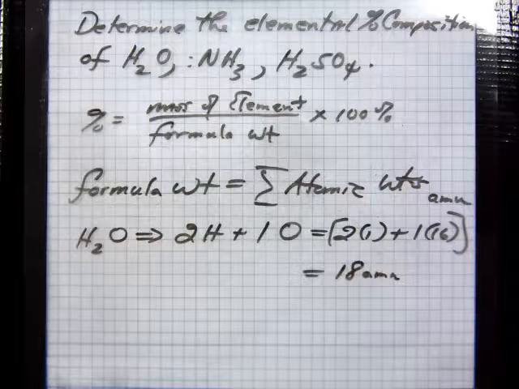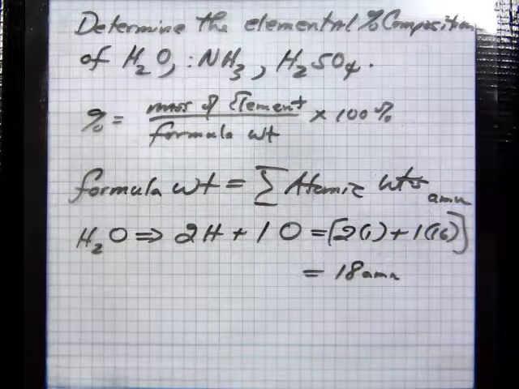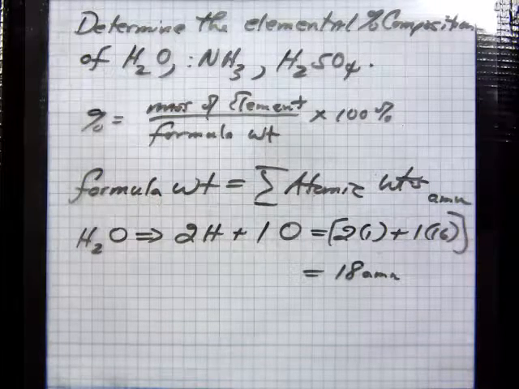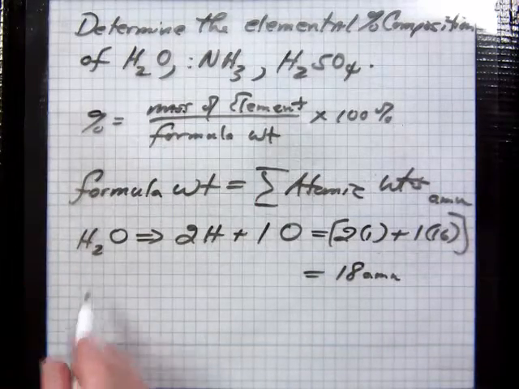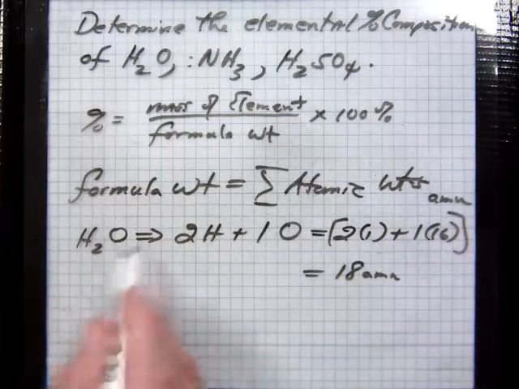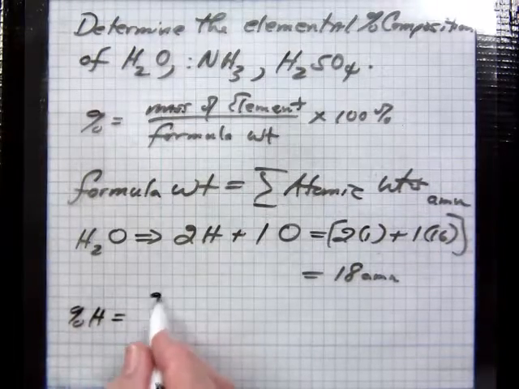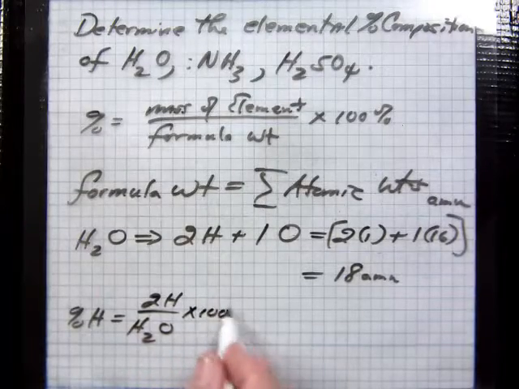Now we will learn about gram formula weight eventually, and we'll get to stoichiometry. But right now it's atomic mass units. That's your total weight of the molecule. Now, when you talk about just hydrogen or just oxygen, we can calculate the percent of hydrogen: we have 2 hydrogens in water, times 100%.